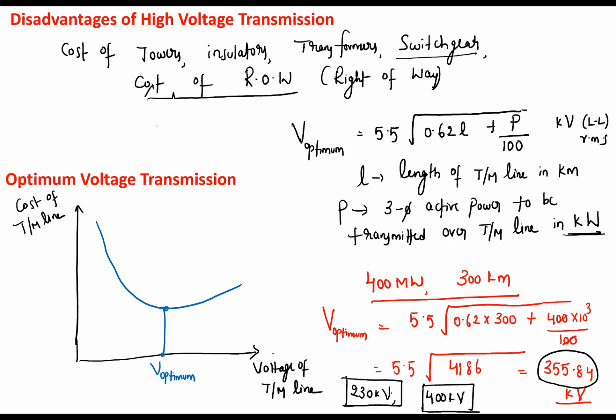The main point is that the optimum transmission voltage is decided by how much power to transfer and what length you want to transfer it over. These two factors decide the optimum transmission voltage.